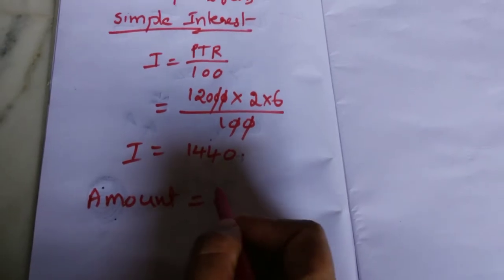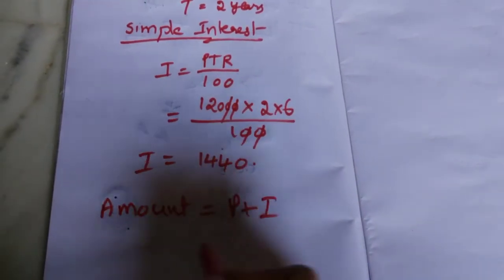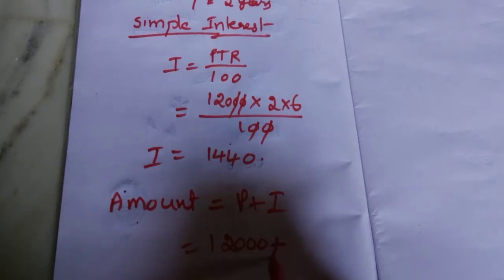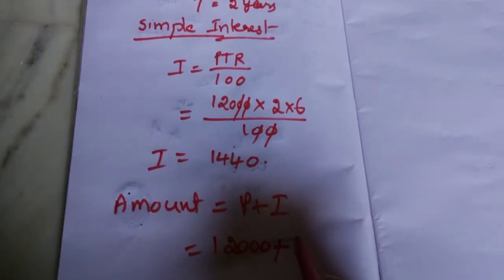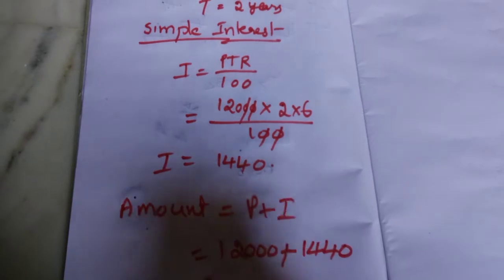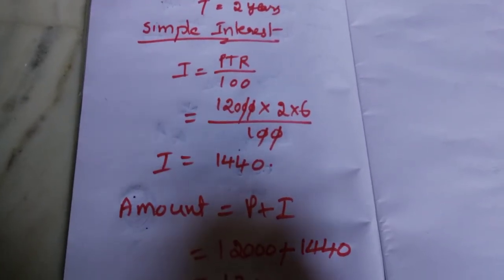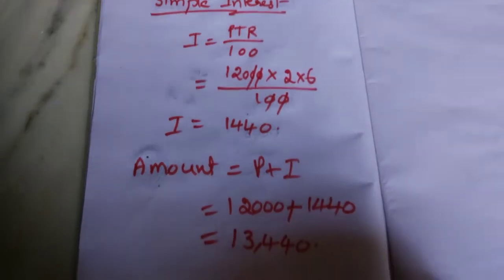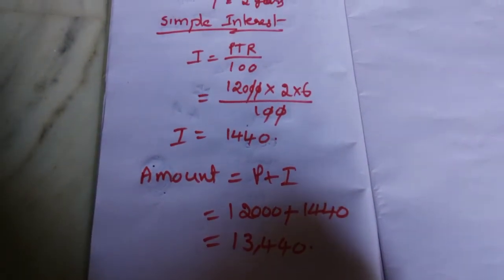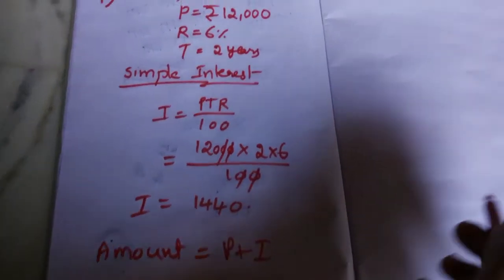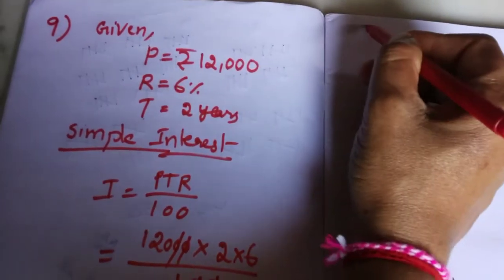Amount is equal to P plus I. P is 12,000 plus interest is 1440. Now add those: 13,440. So when it is simple interest, how much amount I have to pay? 13,440.